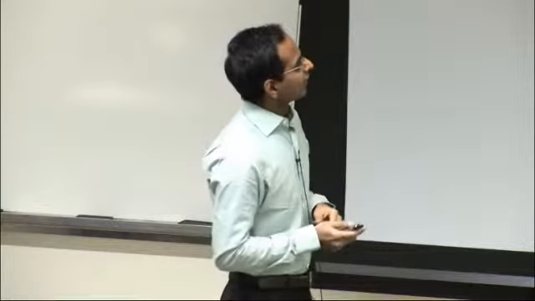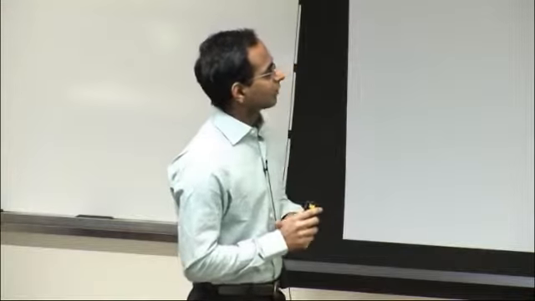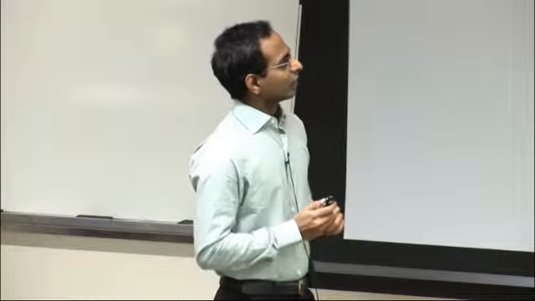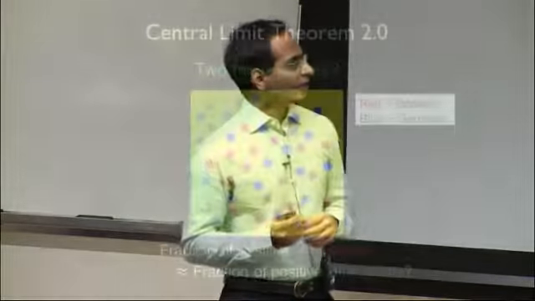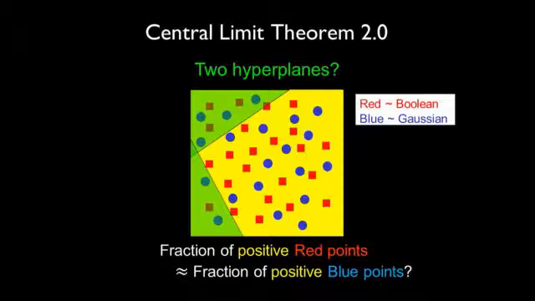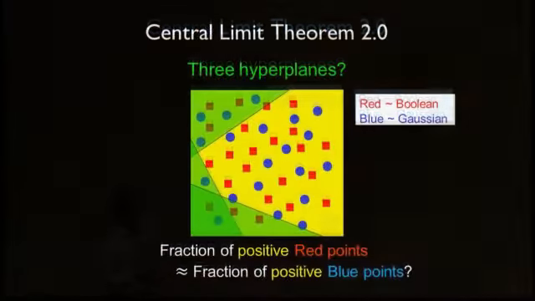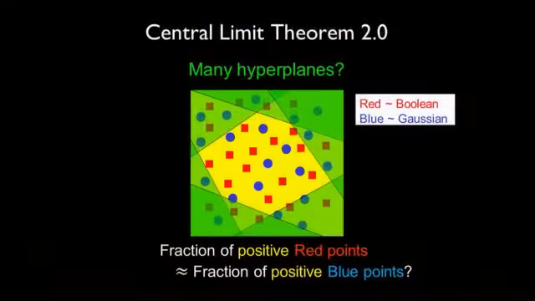Given this geometric interpretation, it's natural to ask what happens if, instead of one hyperplane, you have 2 hyperplanes. Is the fraction of Boolean points on the same side still close to the fraction of blue points? What if you have 3 hyperplanes? Or more generally, many hyperplanes which now form a polytope.